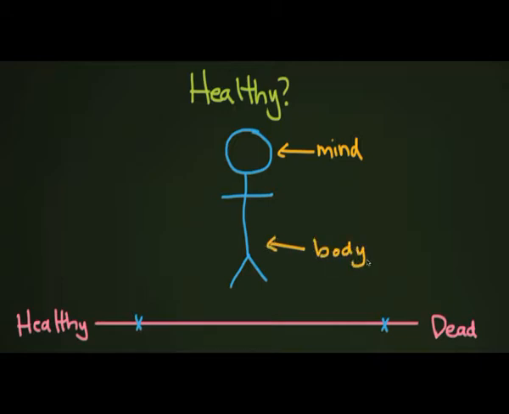And I think the best description that I've found of what a healthy person is, or the simplest, is the person who is free from illness, free from injury, and free from pain. So in both mind and body, they are free from illness, injury, and pain.